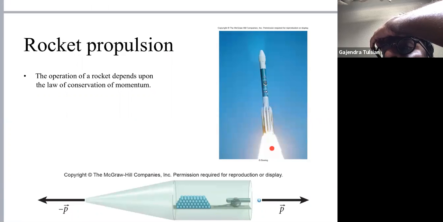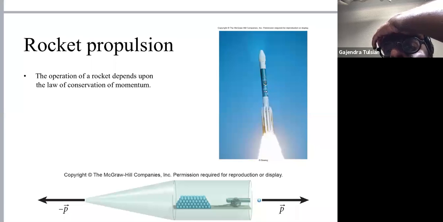The rocket keeps firing hot gases in this direction, and so the rocket keeps recoiling in the opposite direction, so that the total momenta of the system is always 0, assuming this happened in free space and all that kind of stuff. So the operation of a rocket depends on the law of conservation of momentum. If you fire something in that direction, you recoil in the opposite direction.